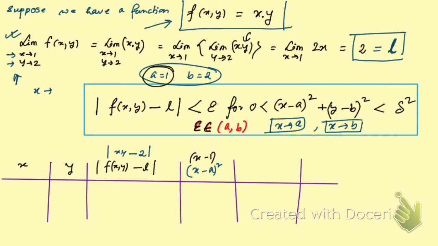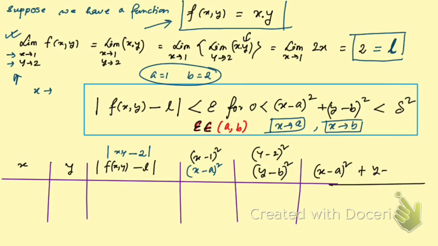Similarly this is y minus b, so y minus b whole square is going to be y minus 2 whole square, because here b is 2 as y tends to 2, right? And let me make this column for x minus a whole square plus y minus b whole square. That means the sum of these two values.